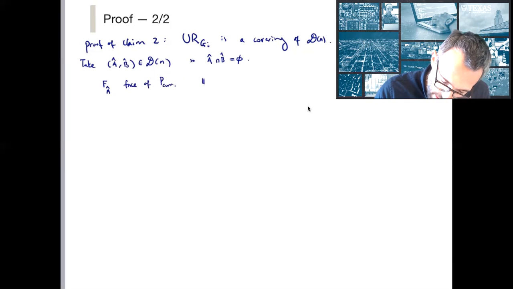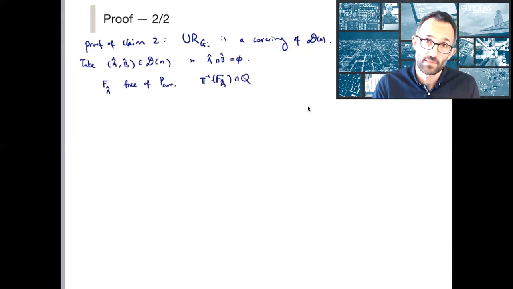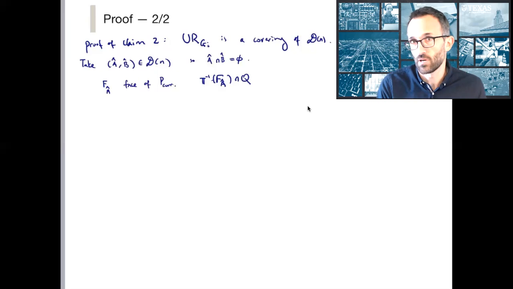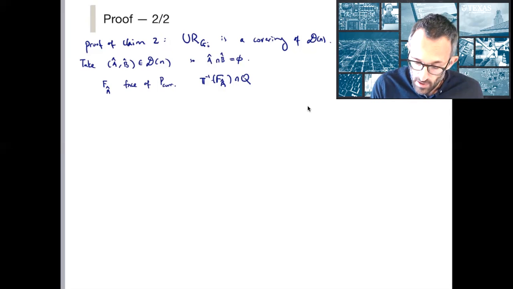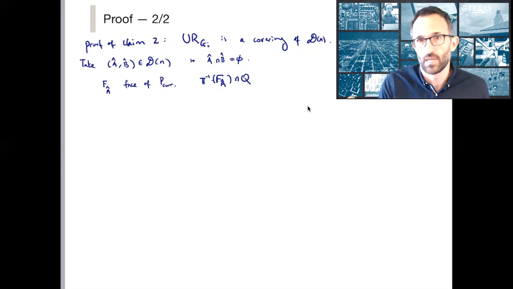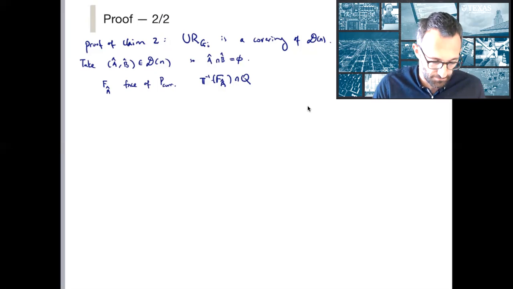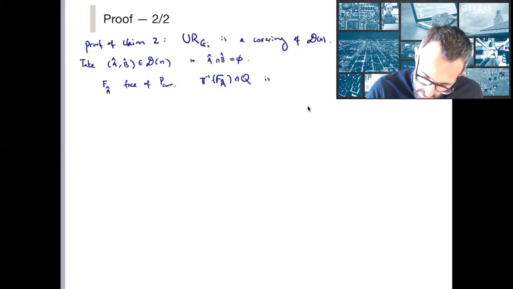And I can look at the inverse image of this face in Q, and note that, as we mentioned in a previous lecture, and as I marked as an exercise for you to show, and I encourage you to do that here if you didn't do it a few lectures ago, the inverse image of a face is again going to be a face. So this is a face of Q.